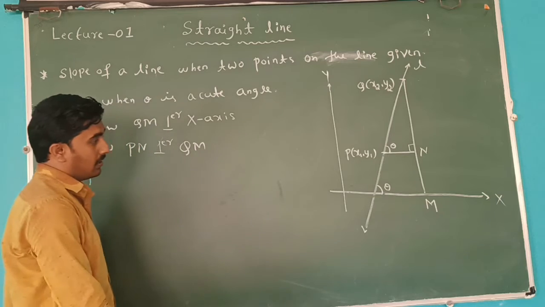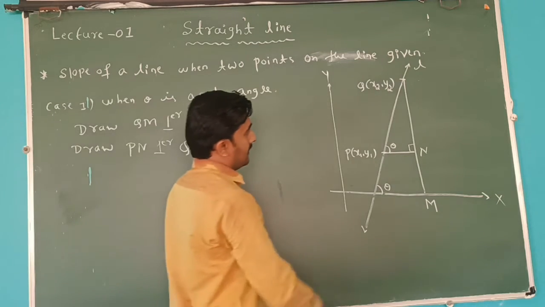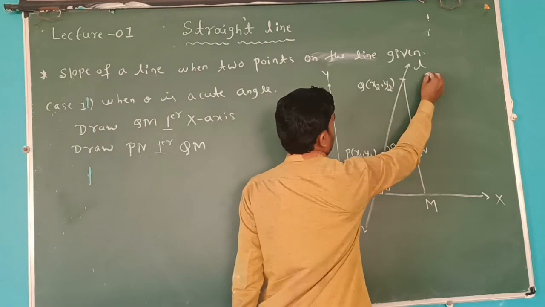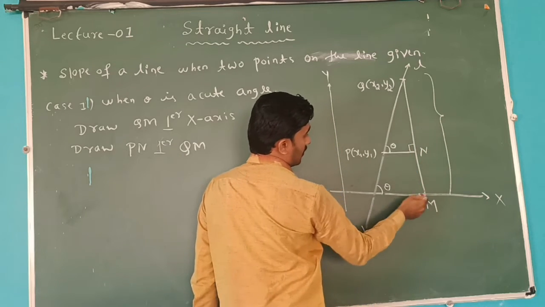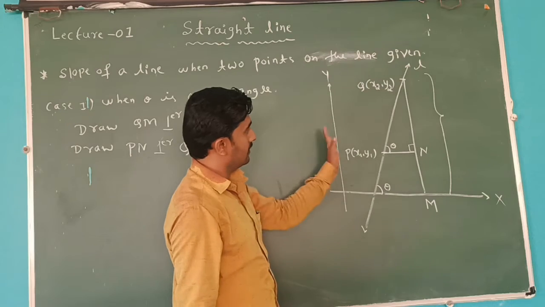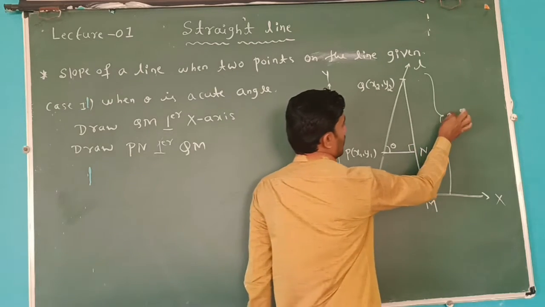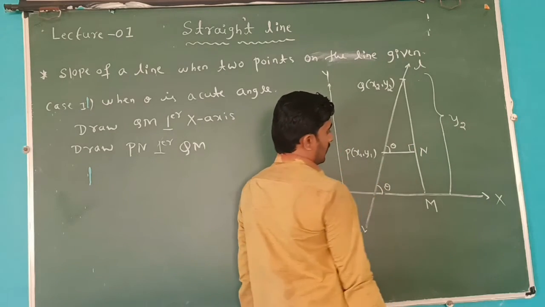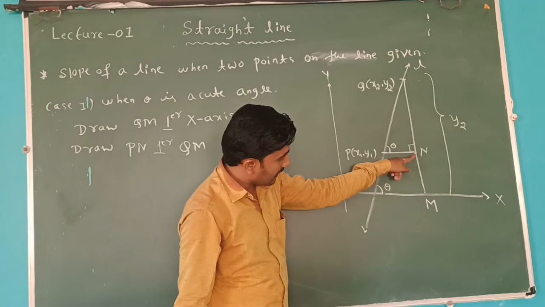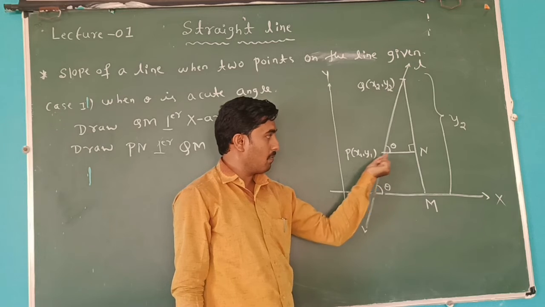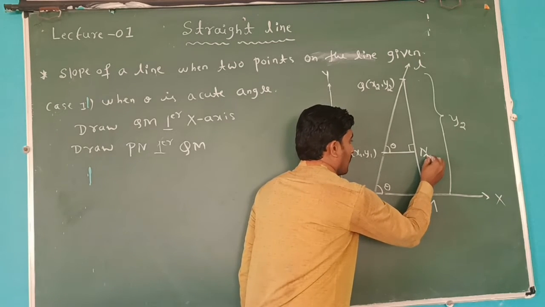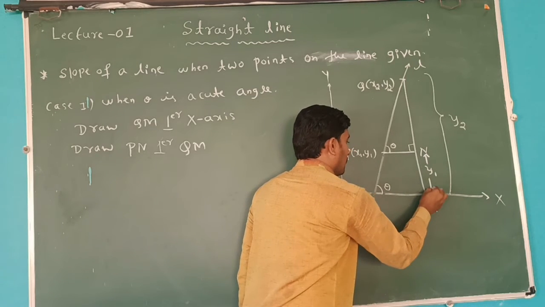And what is the distance from Q to M here? Q to M is the y coordinate, so this is y2. And from N to M, this is also a y coordinate, with the corresponding point being y1.